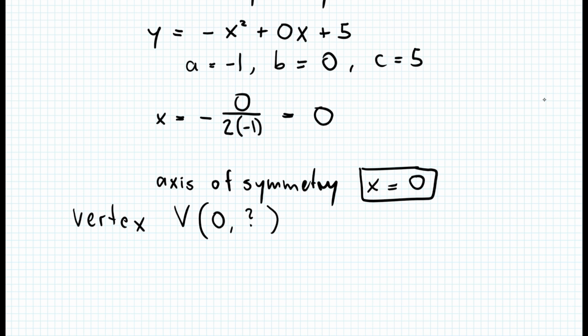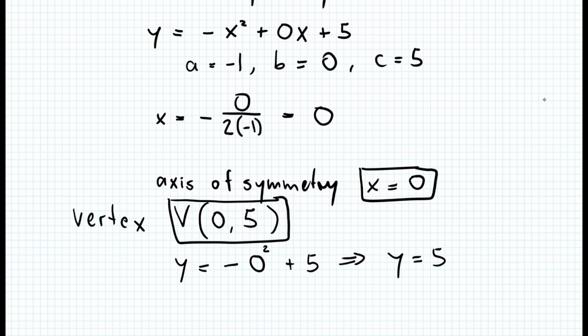So in this case, y is equal to negative 0 squared, so we are going to square just a 0, and then we write plus 5, okay? So that means that here we have a y value is equal to 5, okay? So that means that the vertex is located at 0, 5.